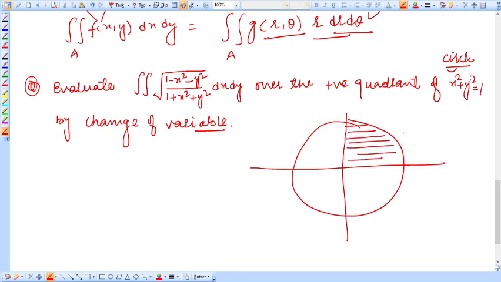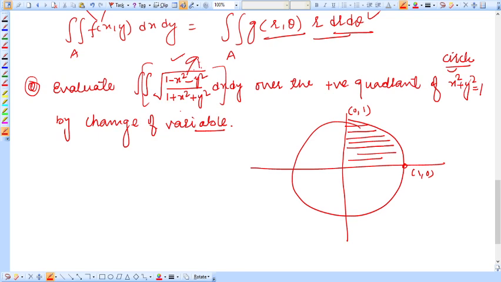Its radius is 1, so this point is 1 comma 0 and this point must be 0 comma 1. If we want to change the variables in this case, this is not a simple integration. If you try to solve it directly, you won't be able to solve it easily.